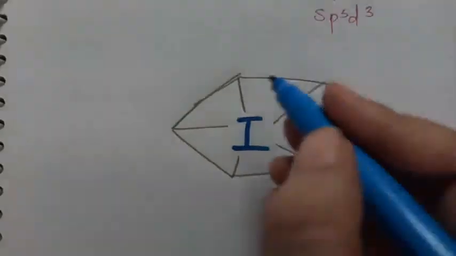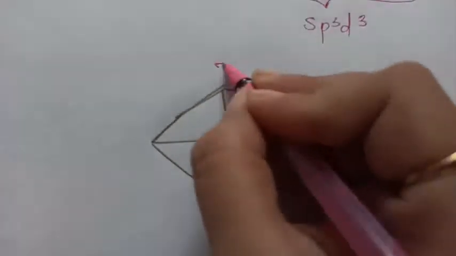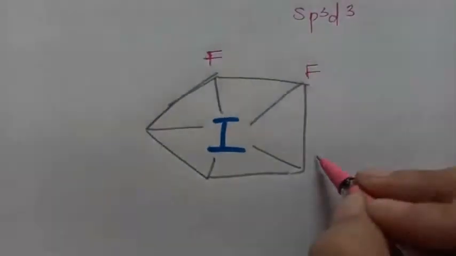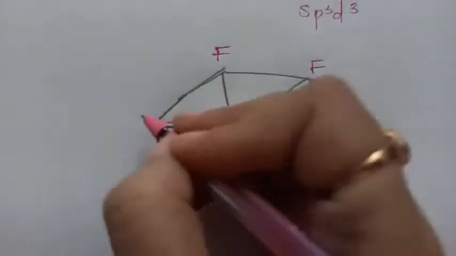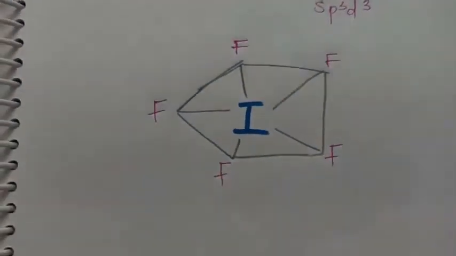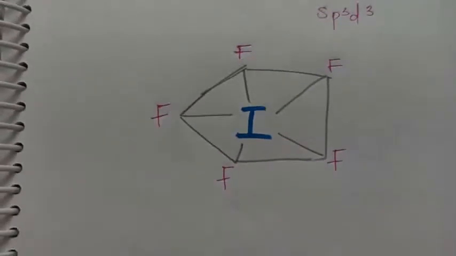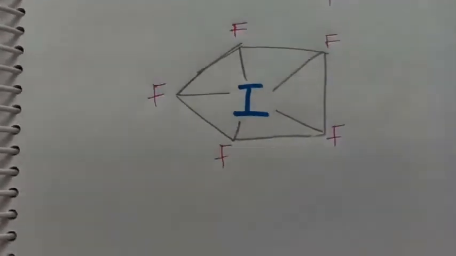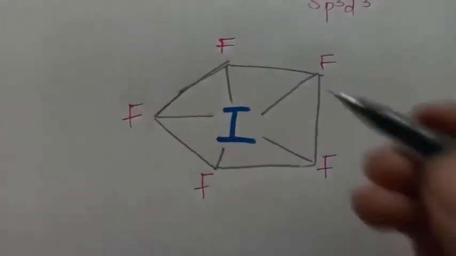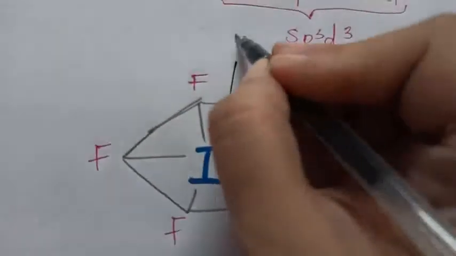Okay, and this is a pentagon, right? Pentagon means 5 corners, so 5 fluorines at the 5 corners of the pentagon like this, and 2 fluorines are left: 7 are there, we have drawn 5, 2 are left, so the 2 will come like this.